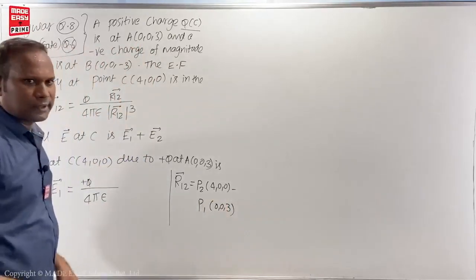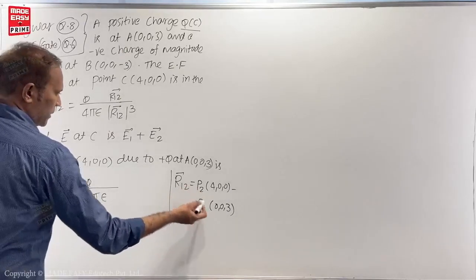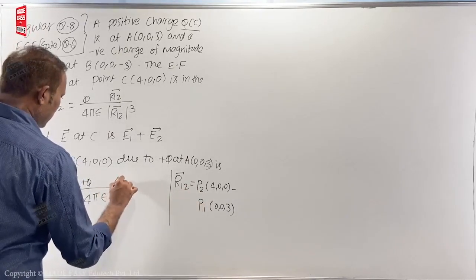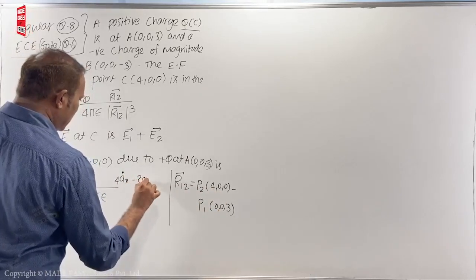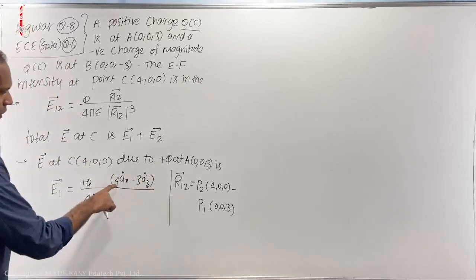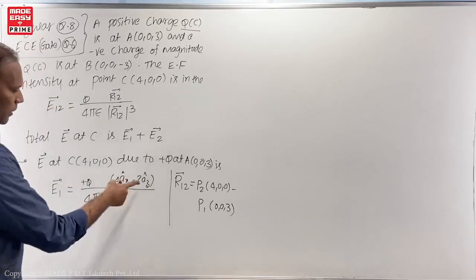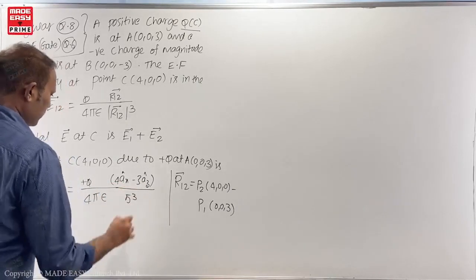So field point minus source point. Now you find this one, 4 minus 0 AX, so 4 AX, then 0 minus 0, 0 minus 3 means minus 3 AZ divided by, this is R12 bar. What is the mod of this? Root of 4 square plus 3 square, that is 5, so 5 cube.